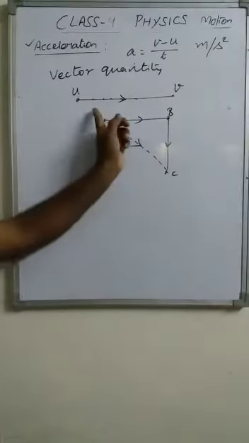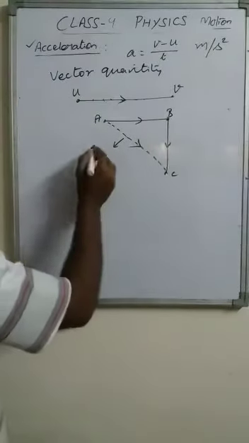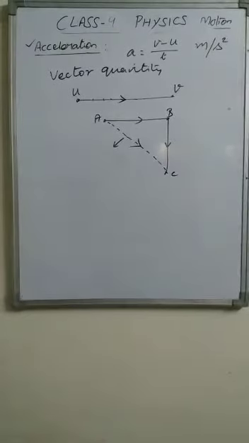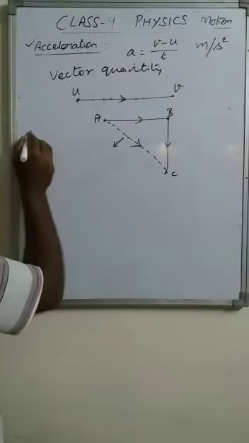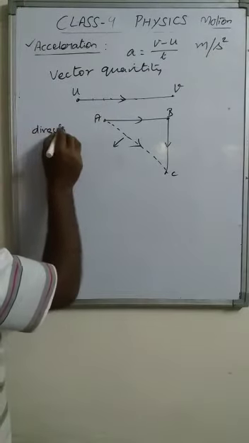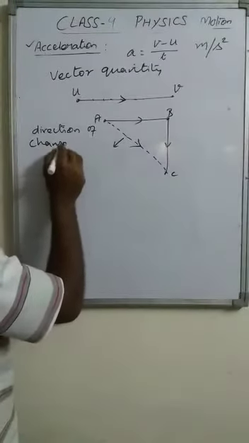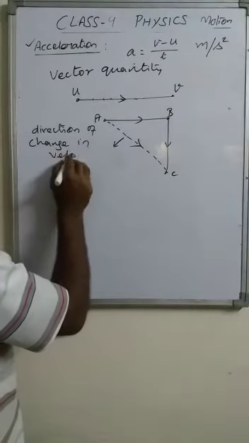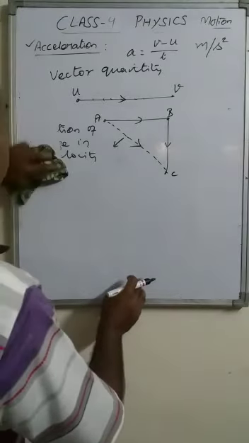By taking the resultant, we get the direction of velocity change along AC. So this is the direction of acceleration. Simply, we can say the direction of acceleration is always along the direction of change in velocity. This is the direction of acceleration.